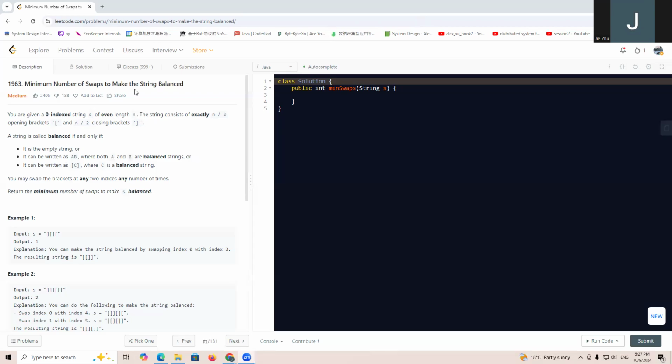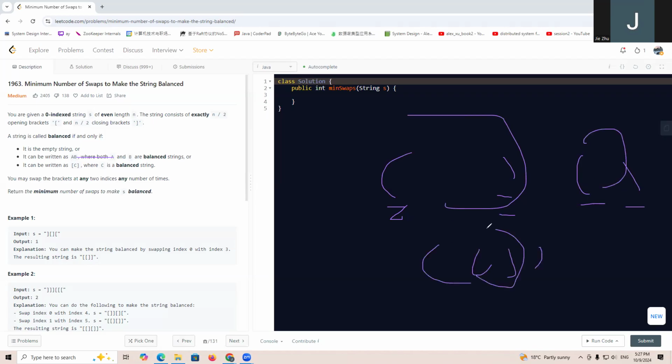So what is balanced? We know that left and right can be like this formula, and this will be balanced. And it can also be like this formula. This will be balanced.